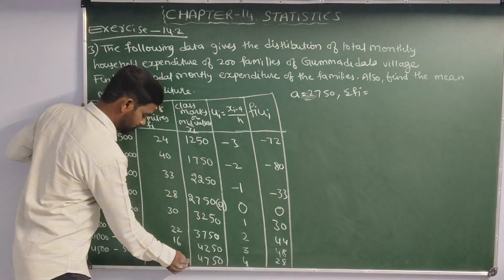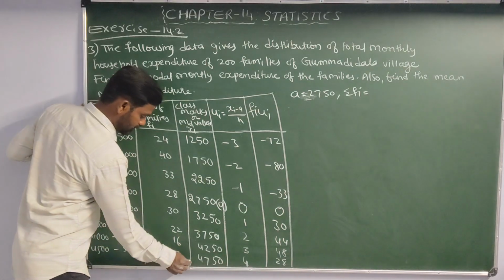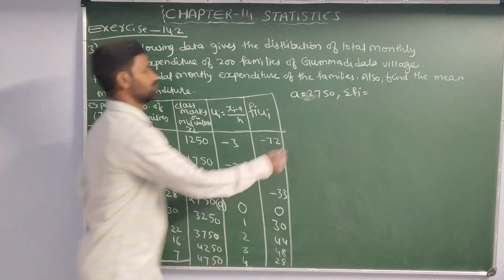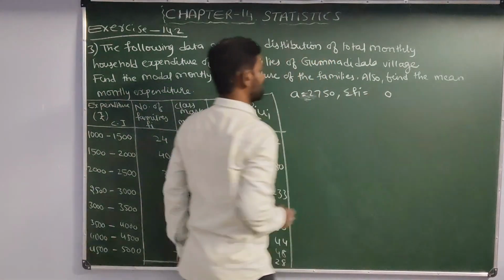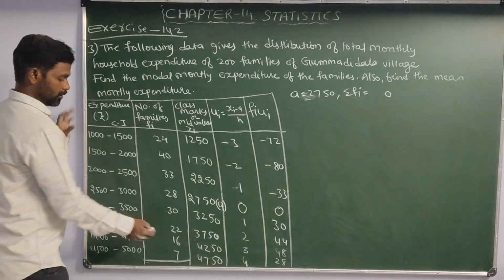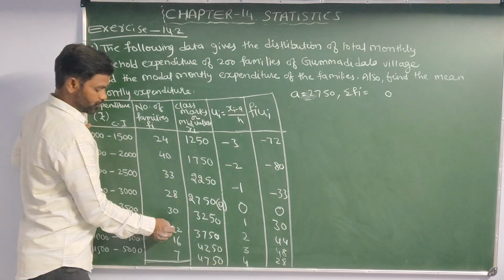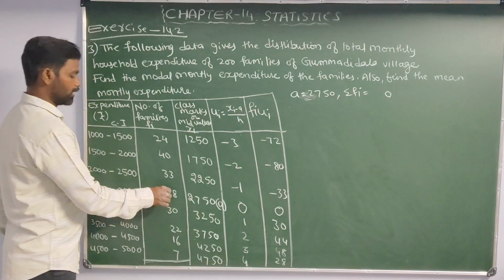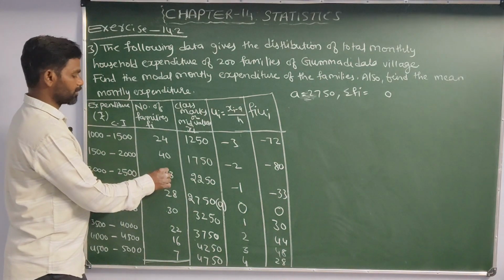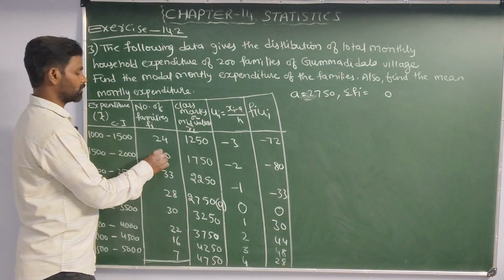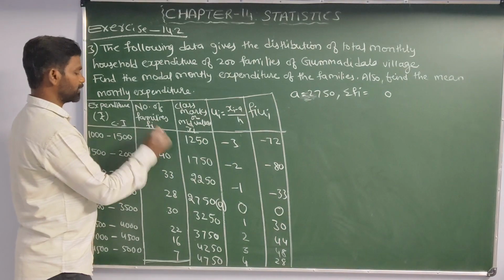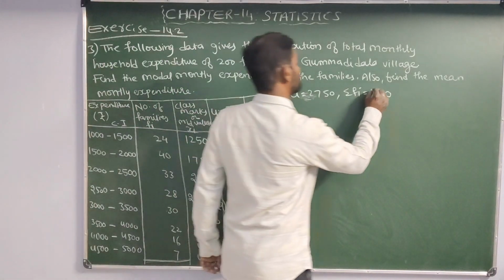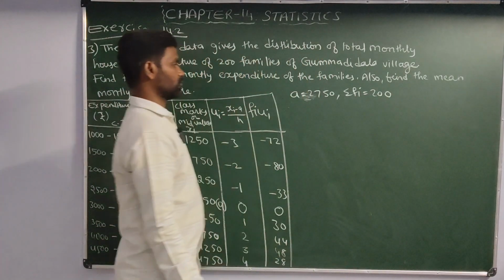Plus 7 is 30. Then 3 plus 1 is 4, 4 plus 2 is 6, 6 plus 3 is 9, 9 plus 2 is 11, 11 plus 3 is 14, 14 plus 4 is 18, 18 plus 2 is 20. So sigma Fi is equal to 200.